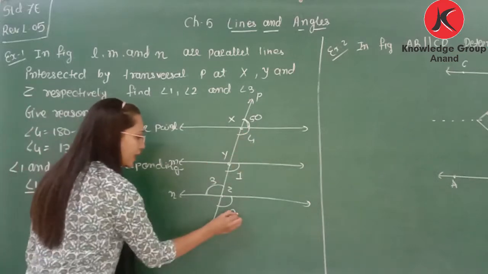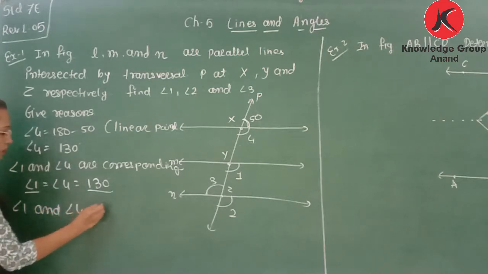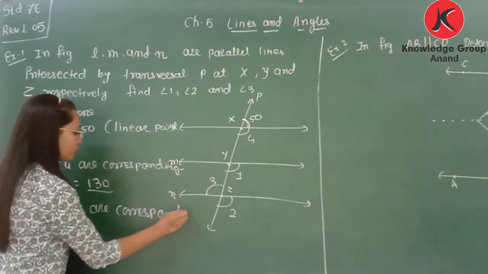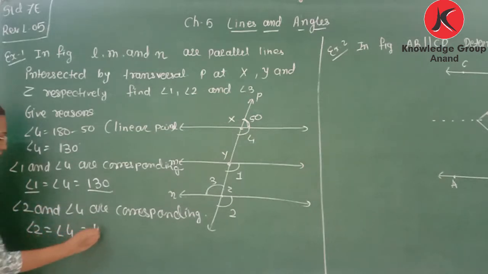Again, angle 4 and angle 2 are corresponding angles. So angle 2 is also equal to angle 4, which is 130. Okay.